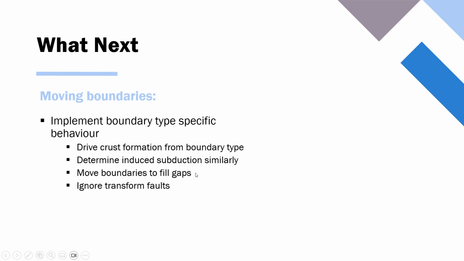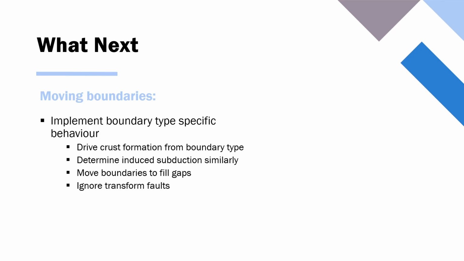We need to move the boundaries to fill in the gaps. So you imagine the situation we just looked at, where one plate is moving parallel to the boundary and the other one is moving perpendicular to it. Now, the one we looked at was convergent, but if you imagine that was a divergent fault, you would have the fault start to move. It would sort of split the difference between the two plates.